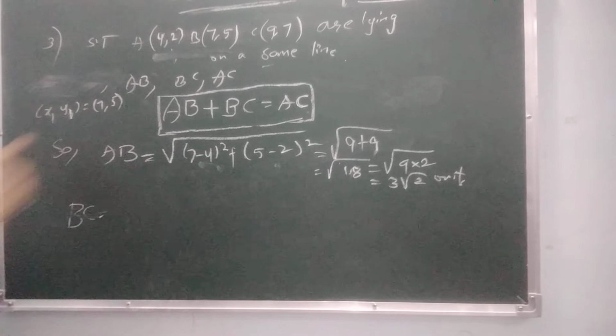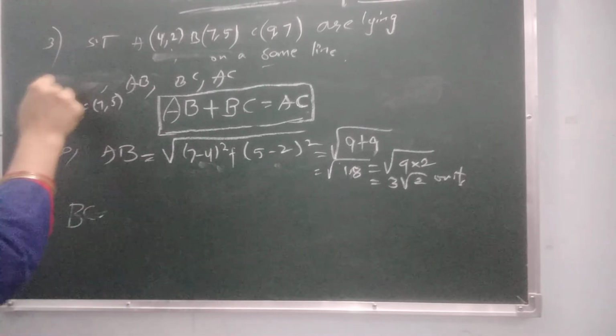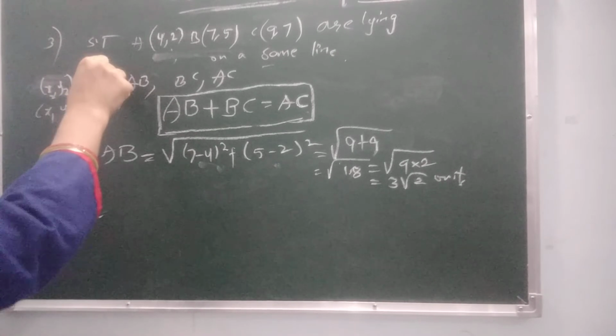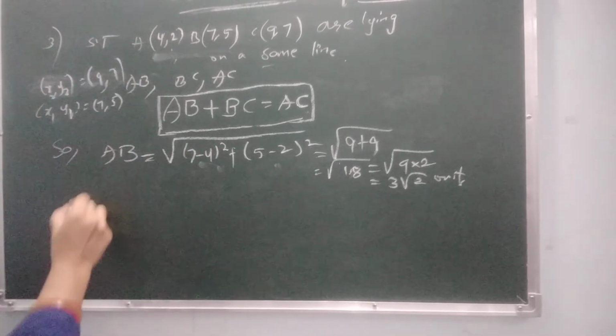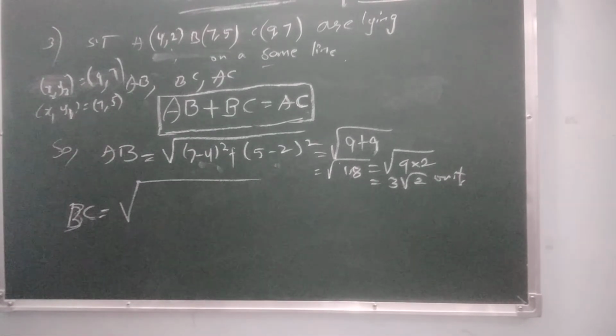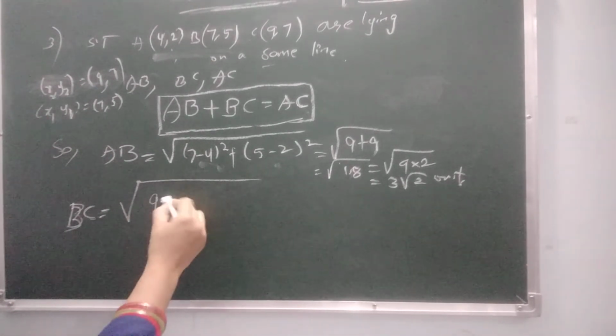Now B and C: x1, y1 equal to 7, 5; x2, y2 equal to 9, 7. Use the distance formula: square root of (x2 minus x1) whole square plus (y2 minus y1) whole square.